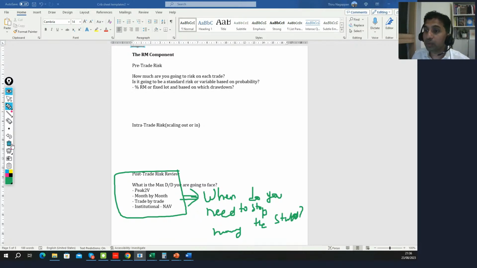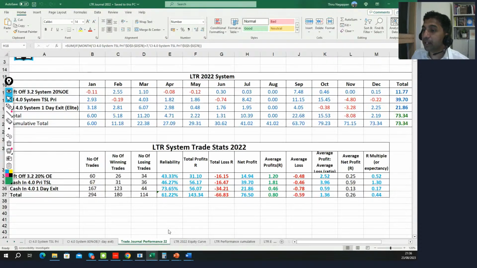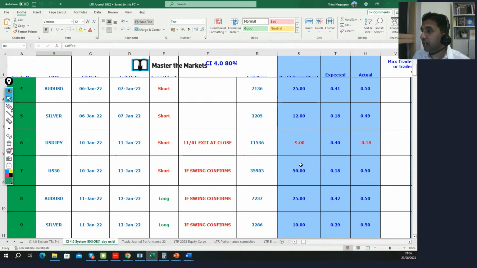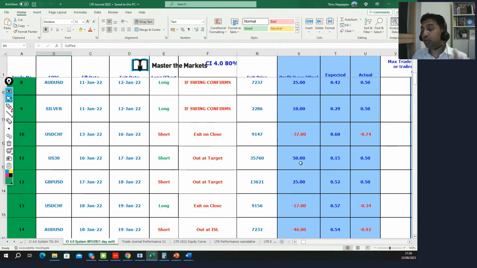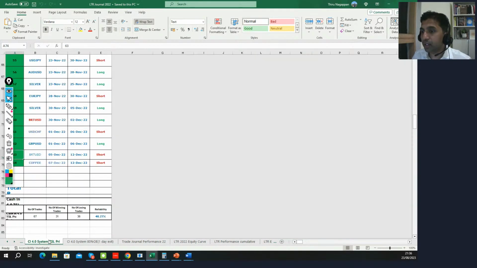All this we measure here at Master the Markets as we publish our results in real time, mainly from an educational perspective. You can see all our month by month profitability for last year 2022. You can see in each of these tabs we have recorded every single trade, wins and losses, every single thing for each of those strategies.